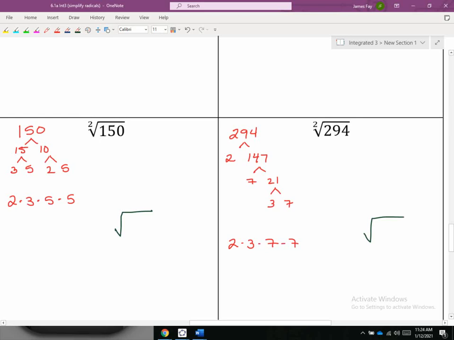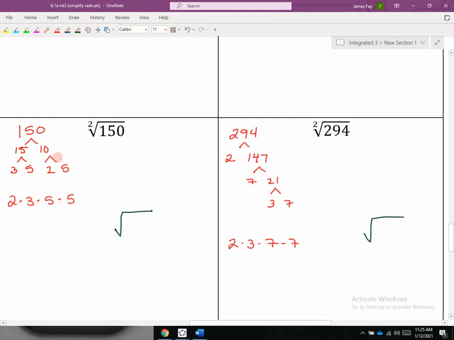When you look at that 150, whenever it ends in 0, I always think I'll probably put 10. Because then it'll be those first two numbers, 15 and 10, as my two factors, and that just makes the process a little bit more efficient, quicker. So I get down to 2 times 3 times 5 times 5.